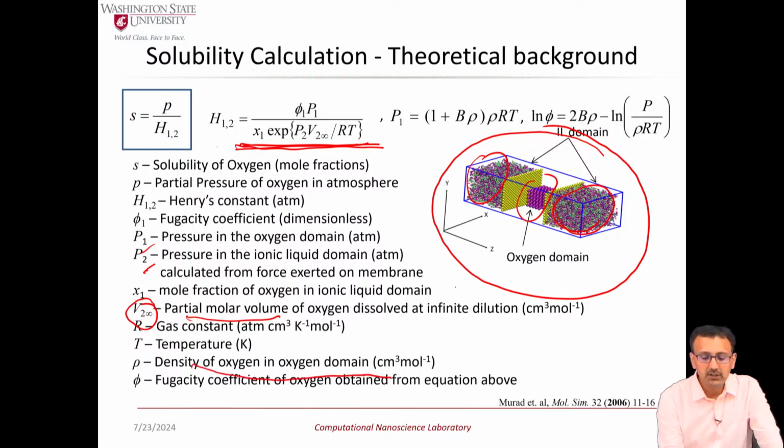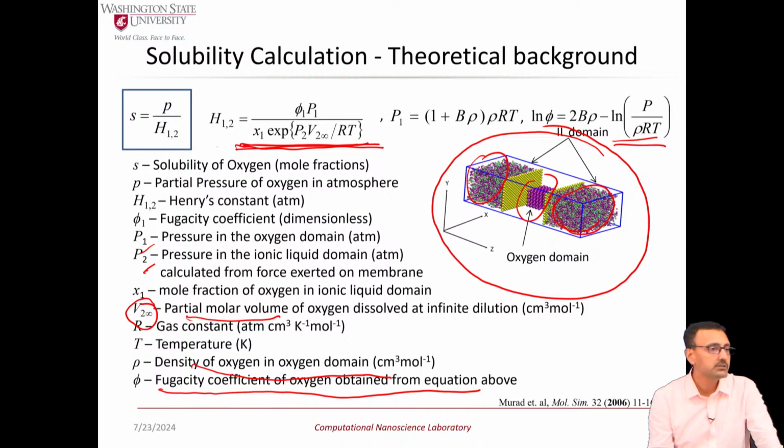There is the gas constant, the density of oxygen in the oxygen domain, which is on the other side of the semi-permeable membrane, and a coefficient known as the fugacity coefficient of oxygen. What is the fugacity coefficient? The fugacity coefficient phi is given through this expression that involves the condition the oxygen gas is in, including pressure, density, temperature, but also one of the virial coefficients.